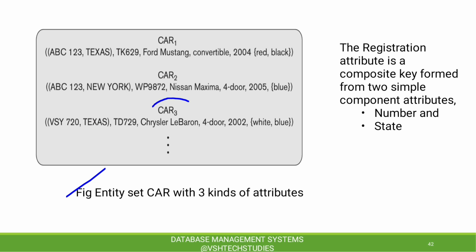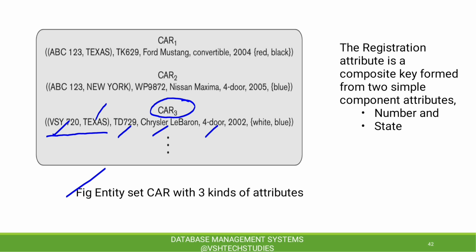For the car 3 entity, this is the composite attribute registration ID value, which has two parts, the state attribute and the number value VSY720. This is the vehicle ID value TD729. This is the model attribute value Chrysler LeBaron. This is the make value 4 door.